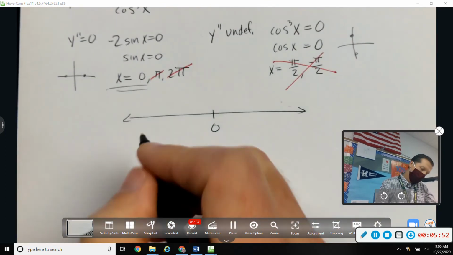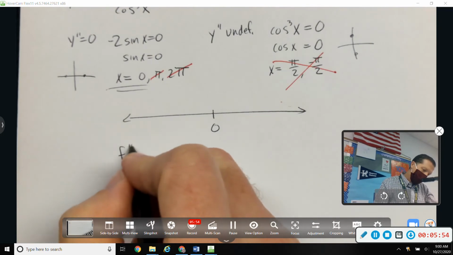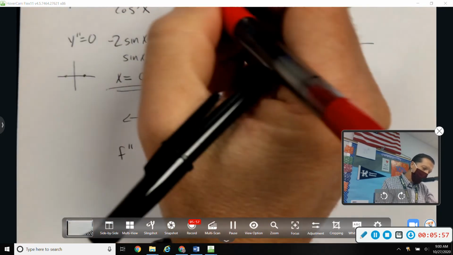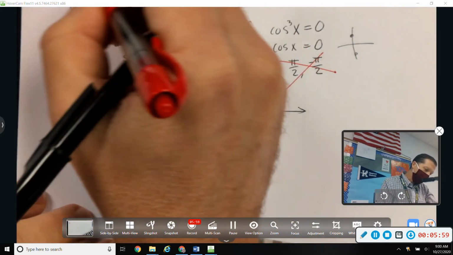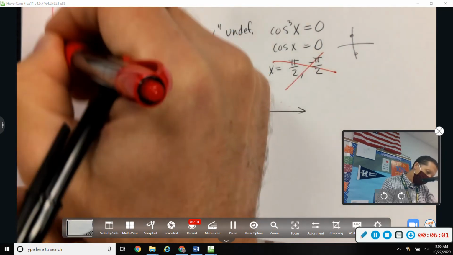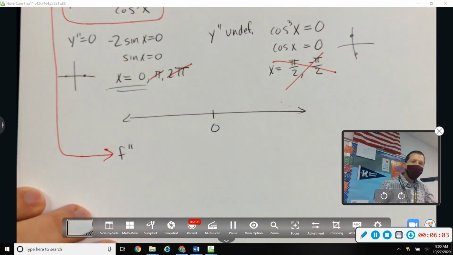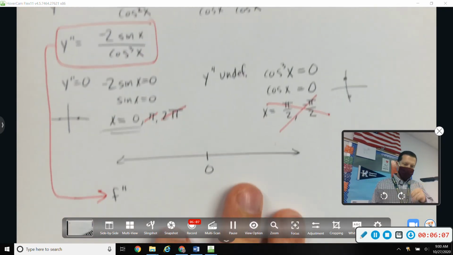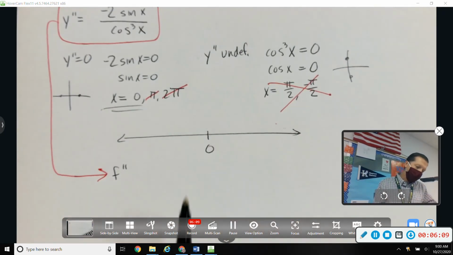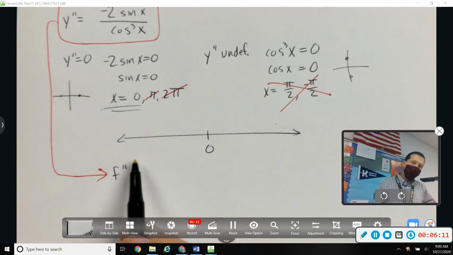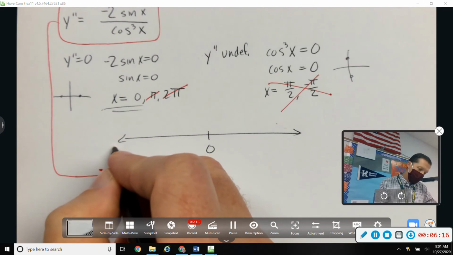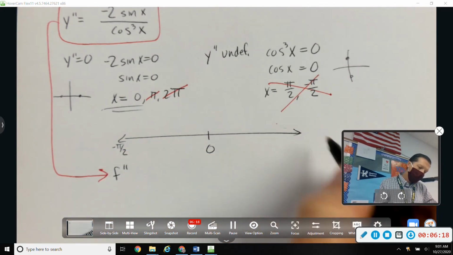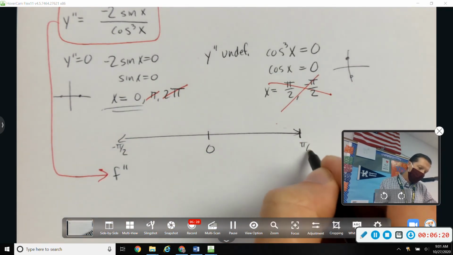X equals 0. So we need to check the second derivative because we want to know about concavity intervals. I guess the trick is I need something less than 0, but I'm limited. It said don't go past negative pi over 2 or past pi over 2.